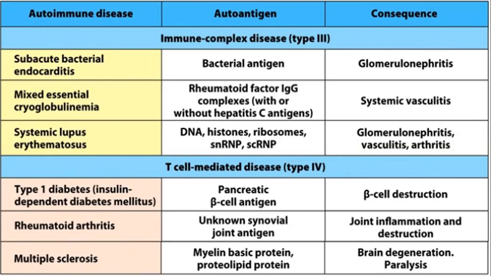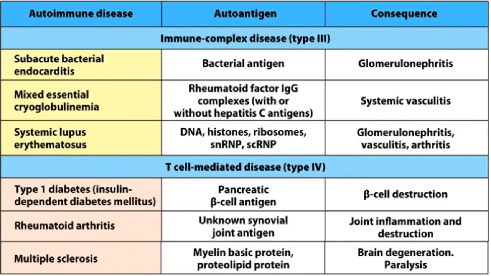So this may result in a lot of consequences in systemic lupus erythematosus, depending on which organ these immune complexes lodge in. Then we have rheumatoid arthritis, wherein autoantibodies are produced against synovial joint antigen.